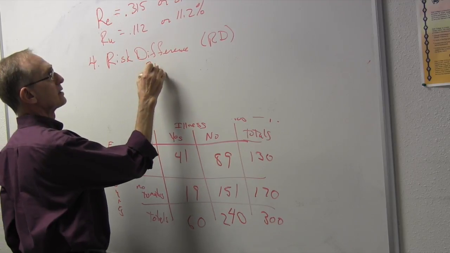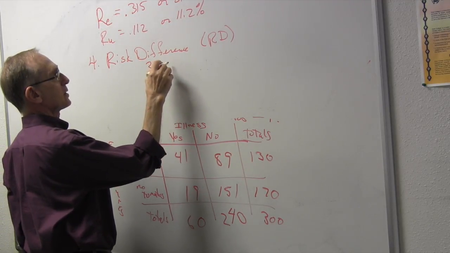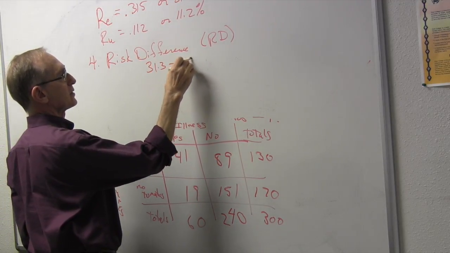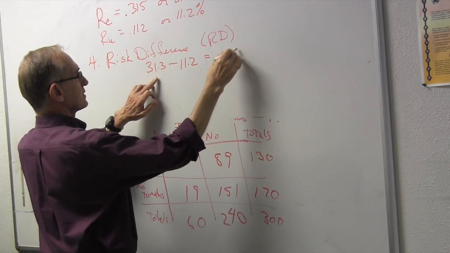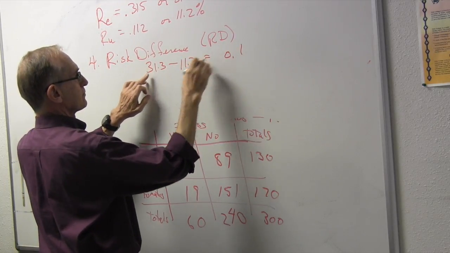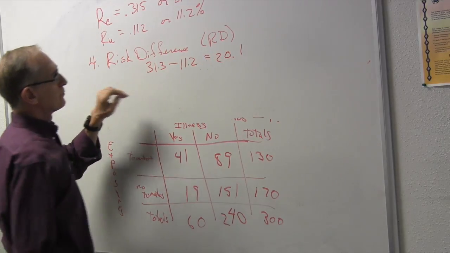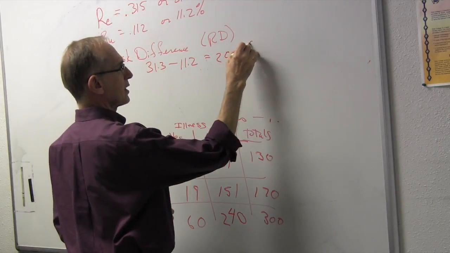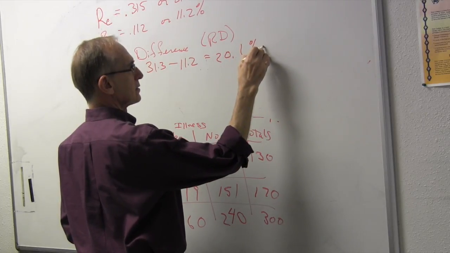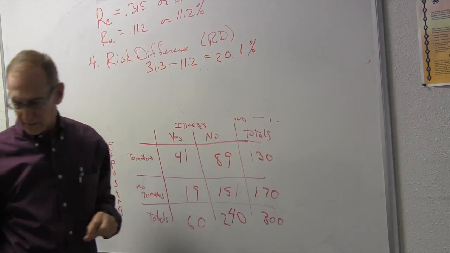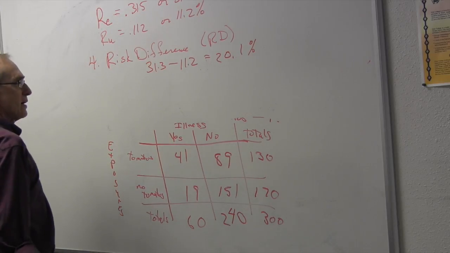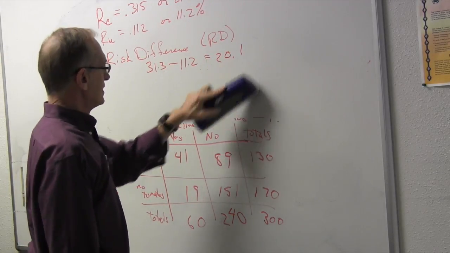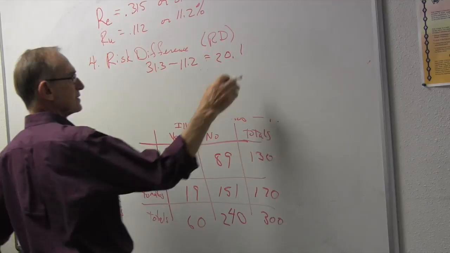So we have the 31.3 minus the 11.2, which gives us 20.1% or per 100. I think I'd rather put it as per 100 because we're going to be talking about these as excess cases.